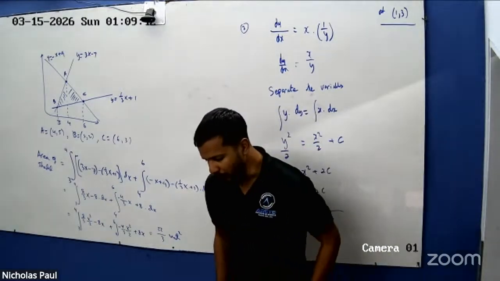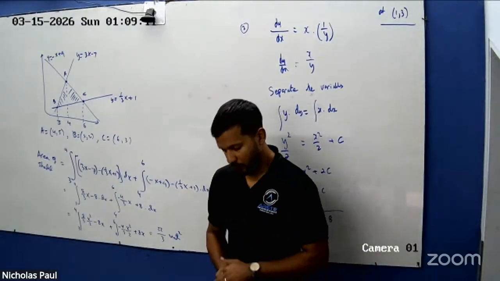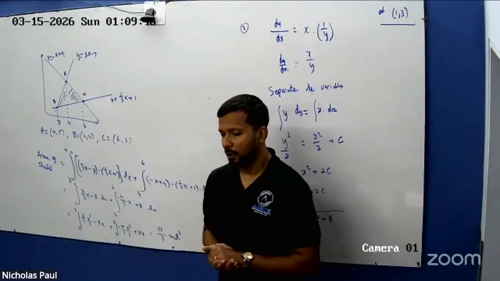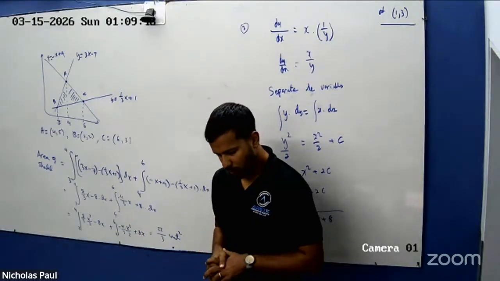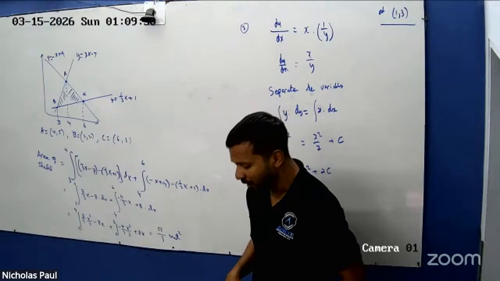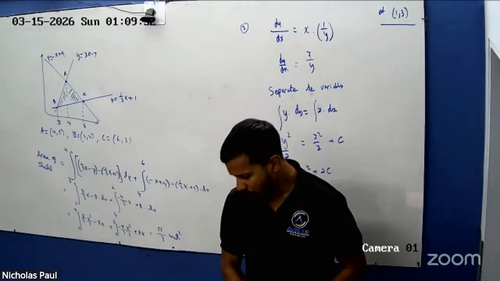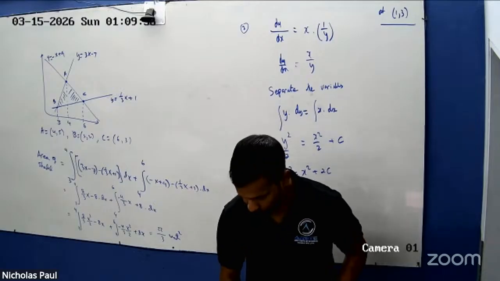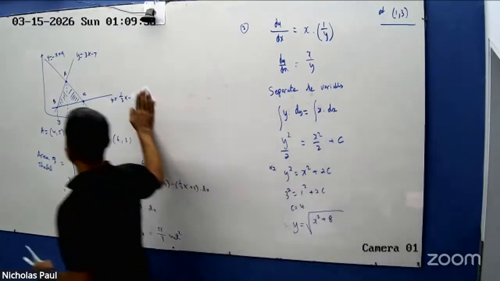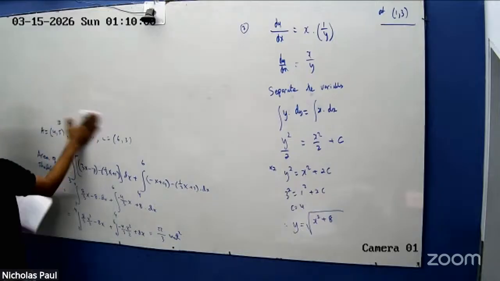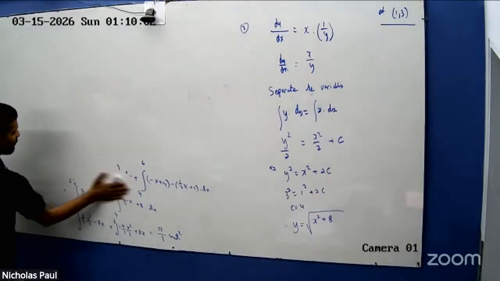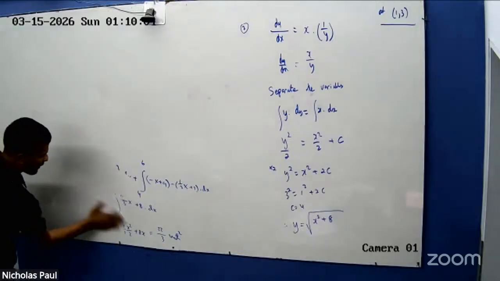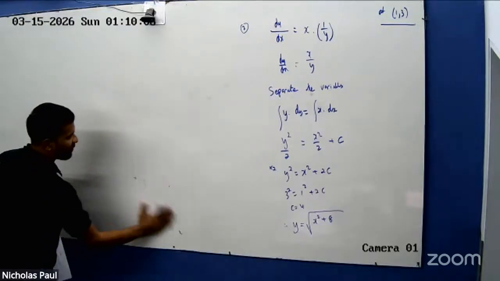Right, this one here. The slope of a function is defined as follows. Find the equation given the following.